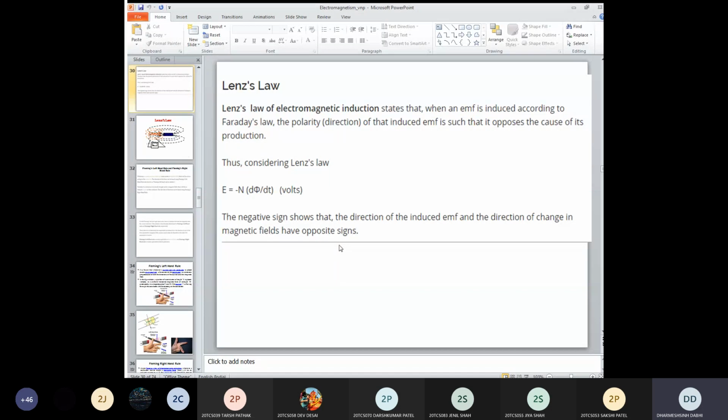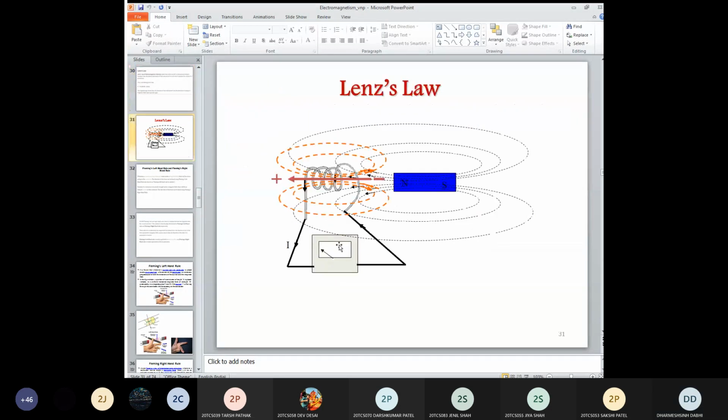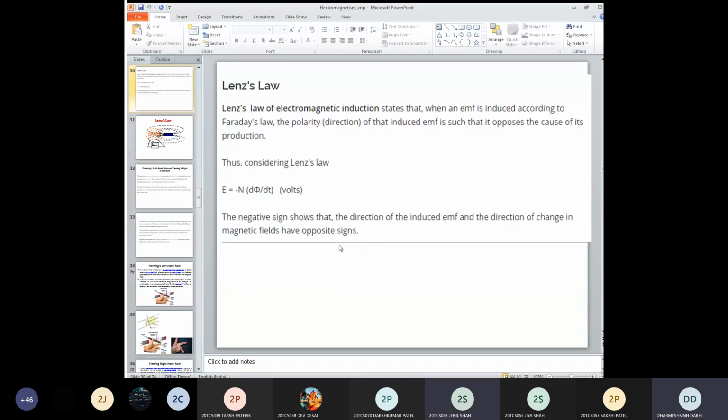Then we see the Lenz law. What is the Lenz law, and what is the direction of induced EMF as per the Lenz law? Here you can see the EMF equation is equal to minus n d phi by dt. This negative sign indicates that the direction of the induced EMF is opposite to the direction of the change in the magnetic field, because as per the Lenz law, the induced EMF opposes the cause of its production.